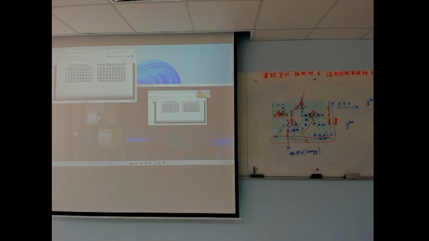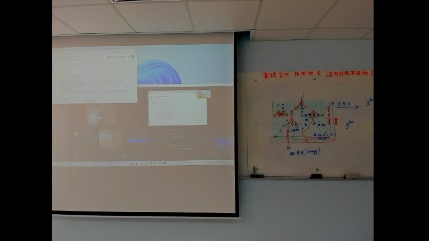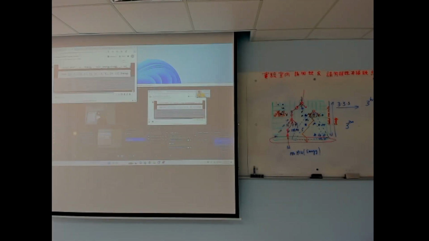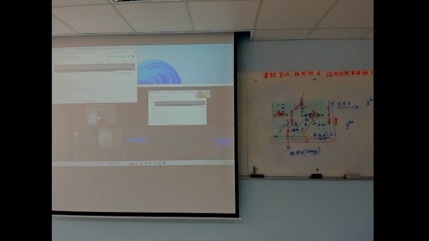Usually it would pick the red ones. The path going backwards. And here's another table.